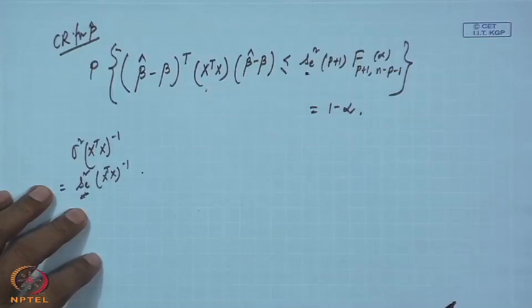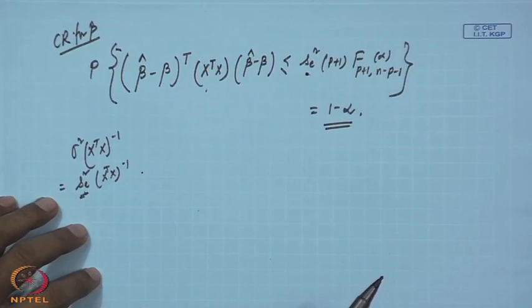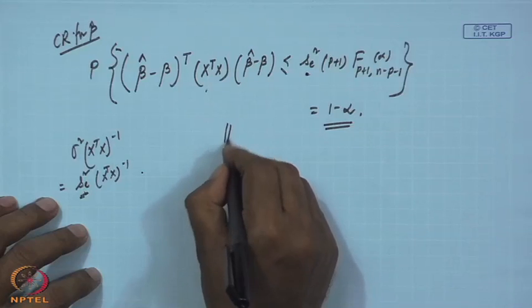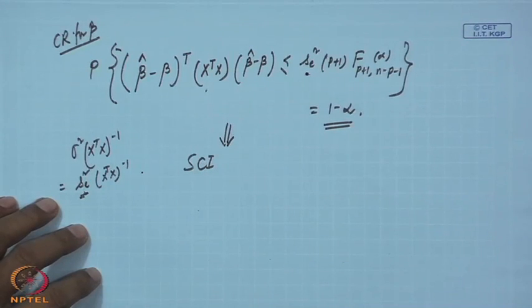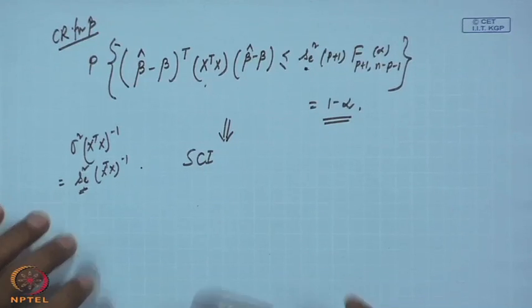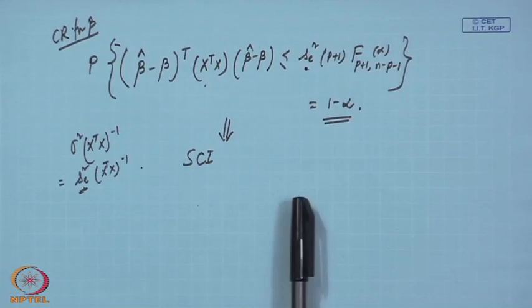What will we do with the confidence region? Parallelly, you then require simultaneous confidence intervals. Understood, Tanmay? What I am saying is that beta cap is multivariate normal.